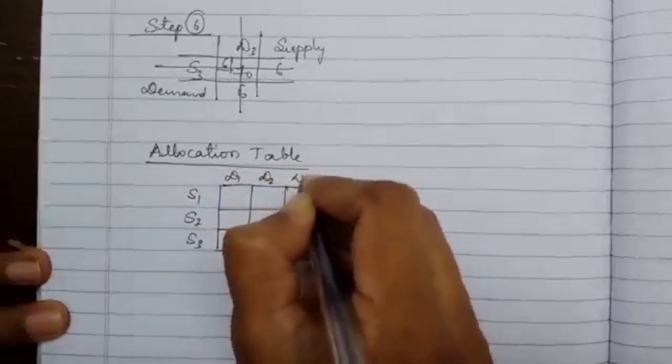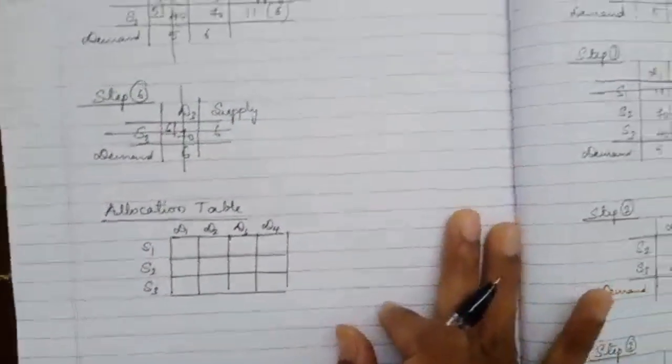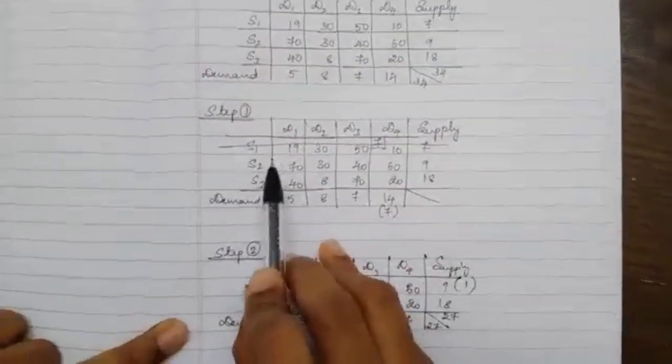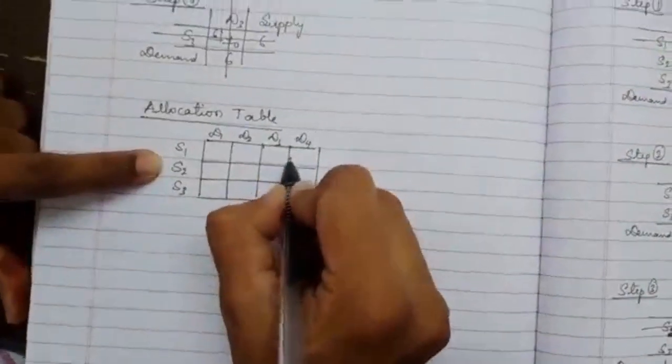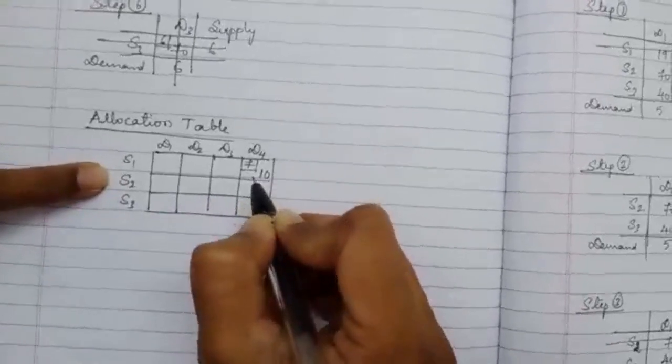D1, D2, D3, D4. So in the first step, the allocation was for S1 and D4. I'm writing it down here: S1 and D4 with allocation 7 and cost 10.